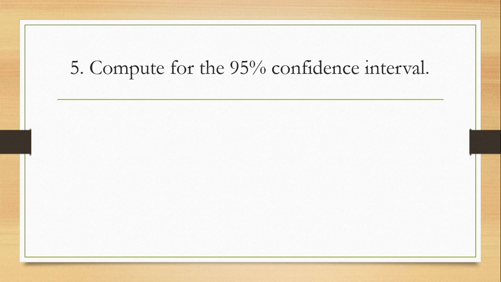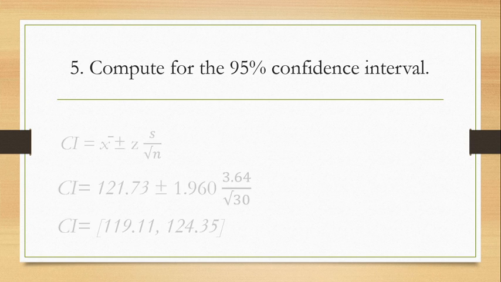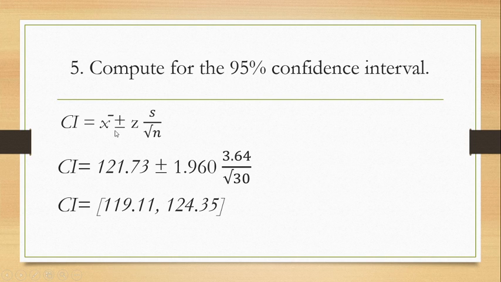Compute for the confidence interval for the 95% confidence level. So this is the formula: mean plus minus, addition subtraction, confidence value times standard deviation over square root of n. The value of mean is 121.73 plus minus 1.960, the value of the confidence level of 95%, times 3.64 over square root of 30.